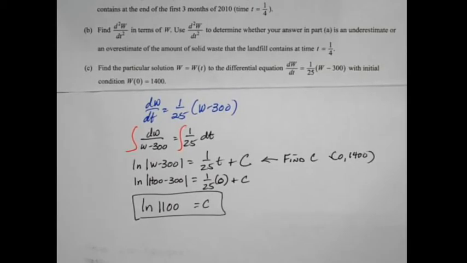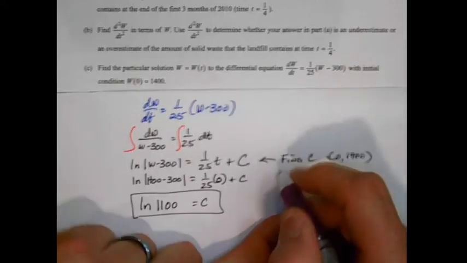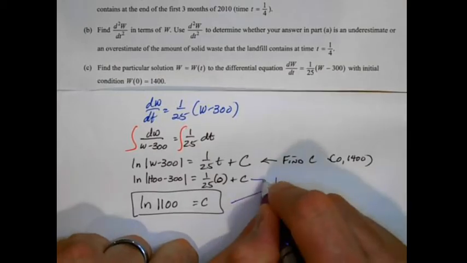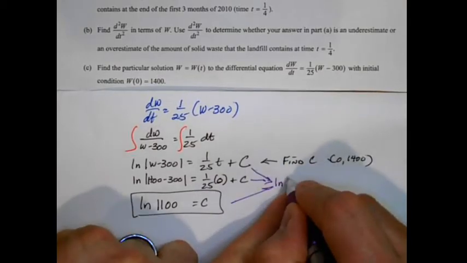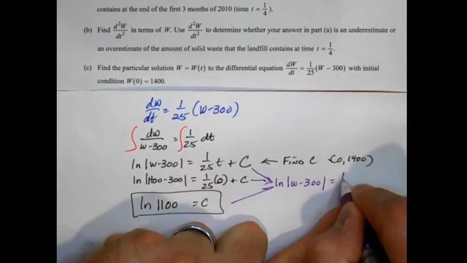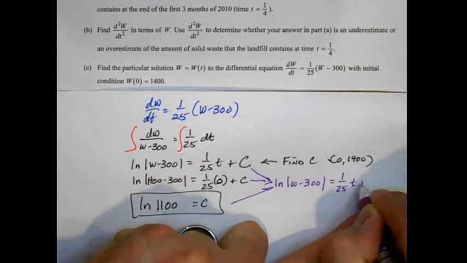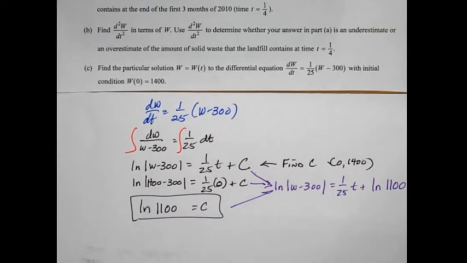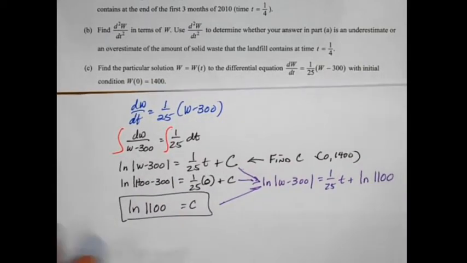So when I write that equation, I'm going to go over to the right-hand side. I'm going to have the natural log of W minus 300 equal to 1/25th t plus the natural log of 1100. So you're going to see where the c comes into play in just a moment.